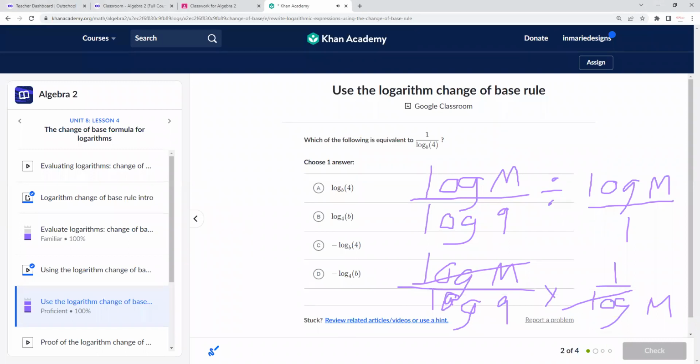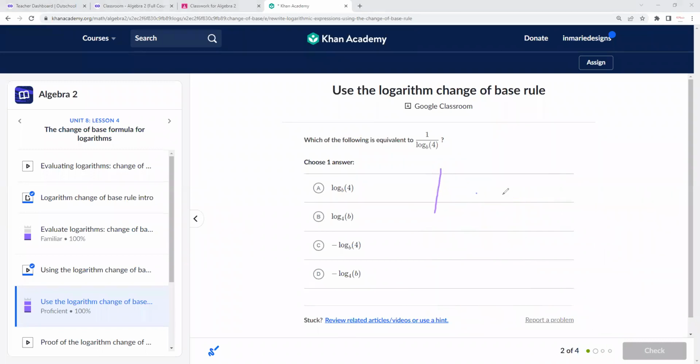Okay, let's try this one. So we have 1 divided by log 4 over log b. So we're going to take the second one, flip it, and multiply, which just gets us log b over log 4, right?